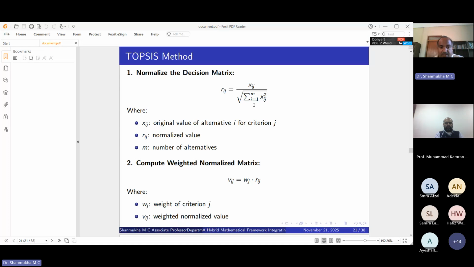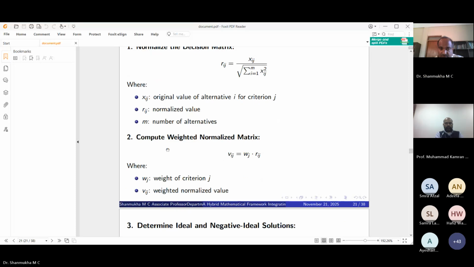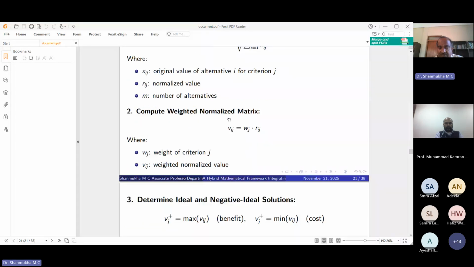Here Xij is the original value of alternative i for criterion j, Rij is the normalized value, and m is the number of alternatives. Then second step, compute the weighted normalized matrix. Here Vij is equal to Wj into Rij, where Wj is called the weight of criterion j and Vij is the weighted normalized value.